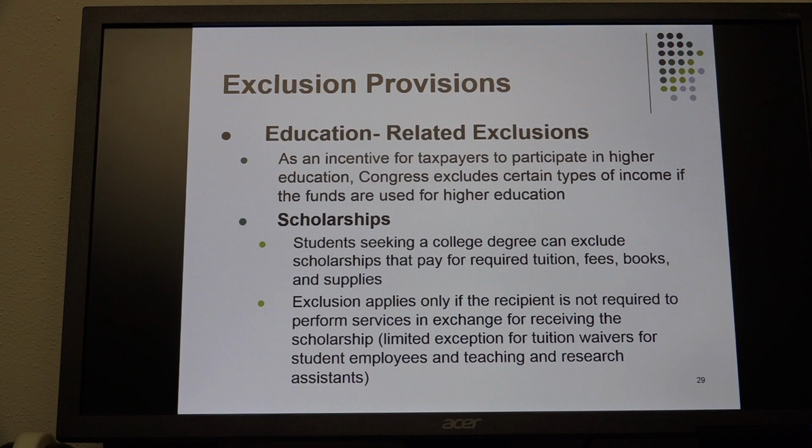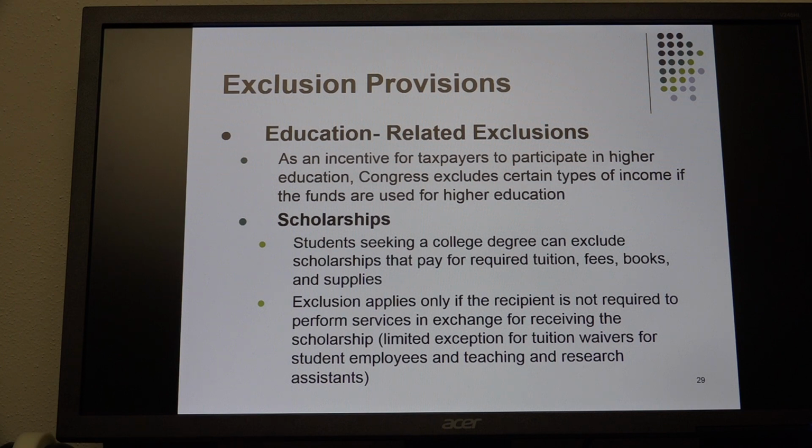Now, this exclusion, well, let's put it this way, what happens if you are required to work to receive the scholarship? What does that look like? In return for a scholarship, you're required to provide services to the university. Well, that kind of looks like work, doesn't it?